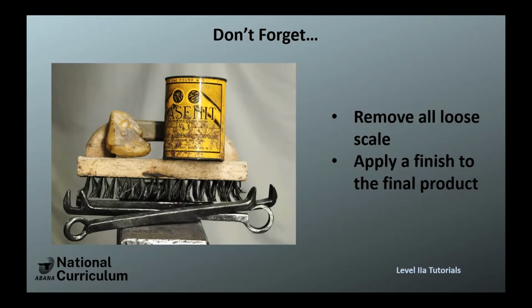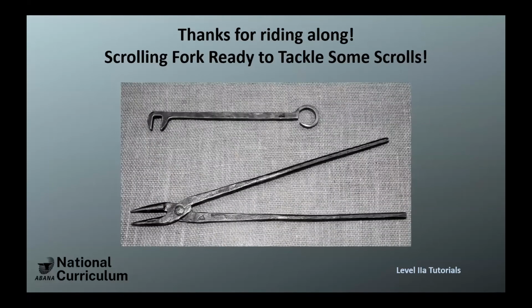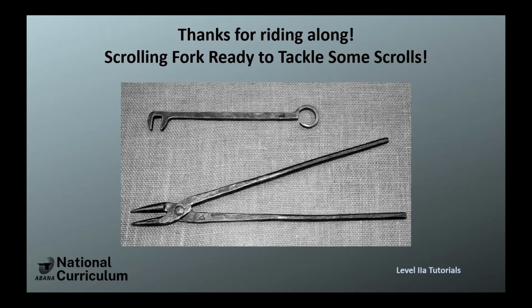If you're handing this over to somebody that's going to be judging your work, it's nice to go the extra mile to have a finish on it, which is the same thing when you're handing anything over to the public or to one of your clients. It's nice to have a finish and to get that scale off of there just to raise the bar for all blacksmiths. I think that's about it for my portion.